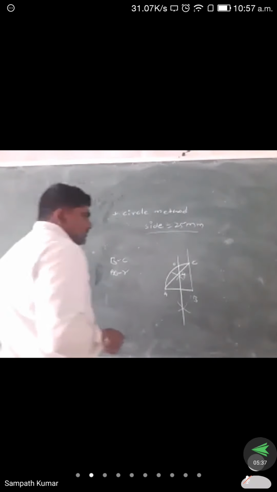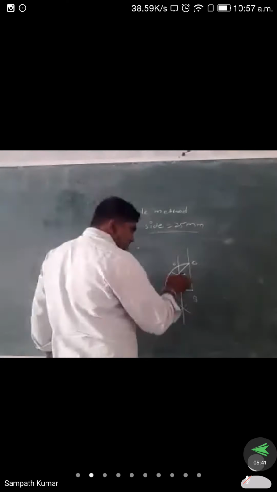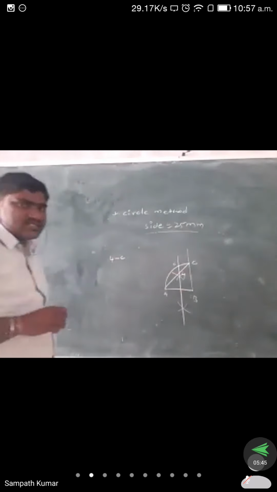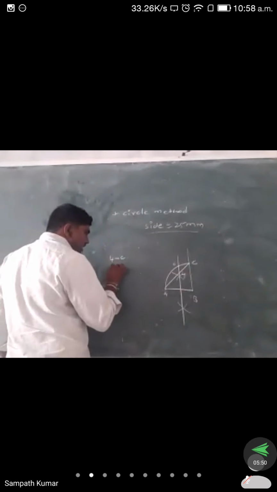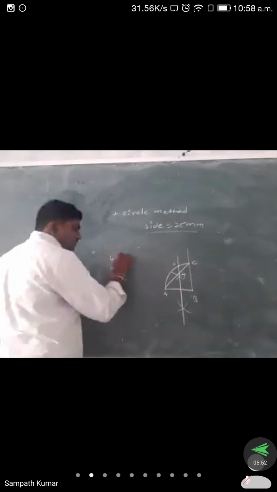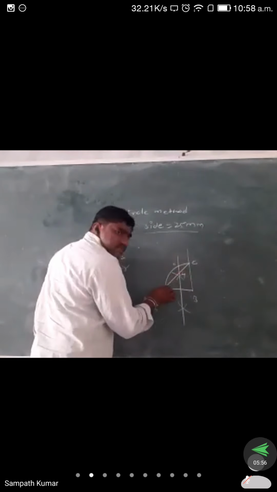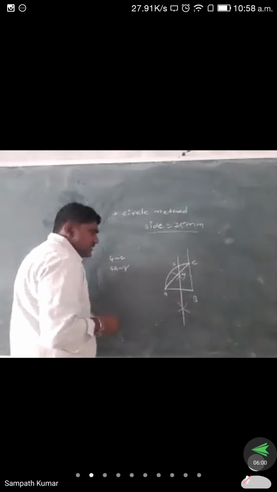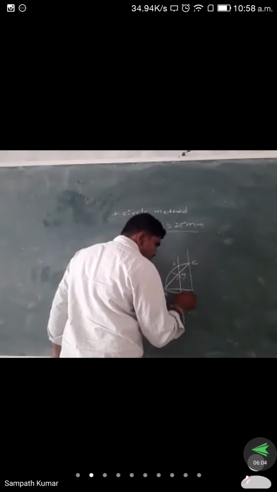Next, 4 which is located on AC, 4 as a center, 4A as a radius. Then we have to draw this circle.